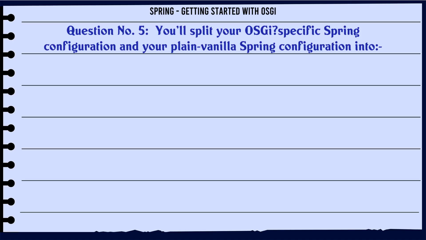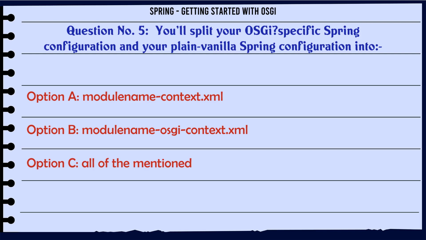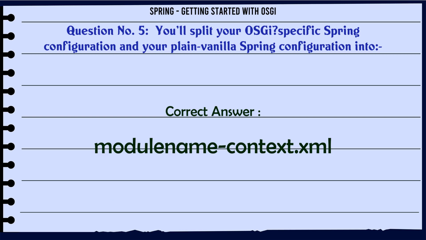You'll split your OSGi specific Spring configuration and your plain vanilla Spring configuration into: A. modulename-context.xml, B. modulename-osgi-context.xml, C. All of the mentioned, D. None of the mentioned. The correct answer is modulename-context.xml.